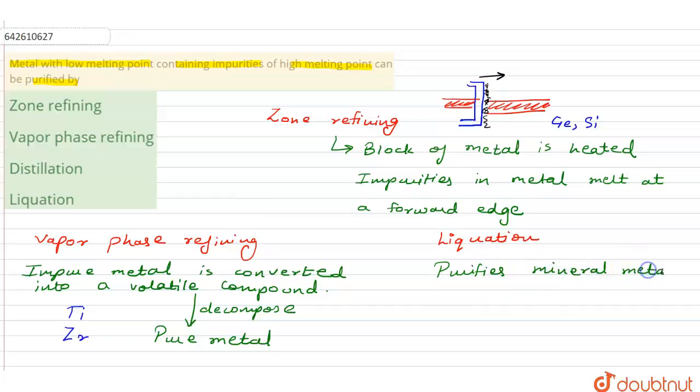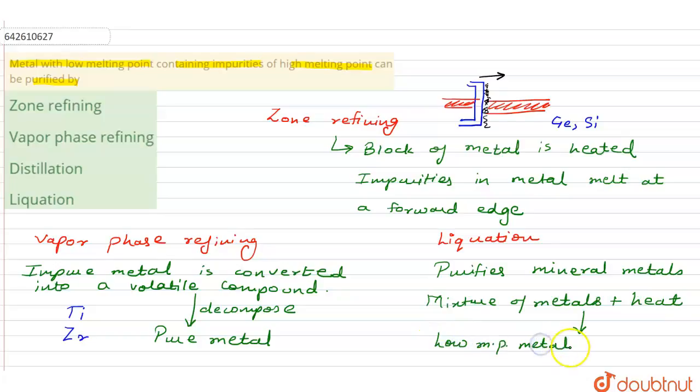In this case we have a mixture of metals which is obtained, and this mixture of metals is totally inseparable, and hence we start heating the ore. As we heat the ore, the low melting metal which is of our interest is going to melt down, and this would be collected.